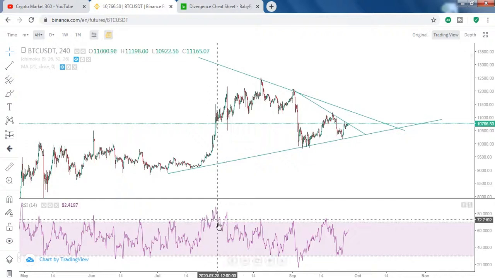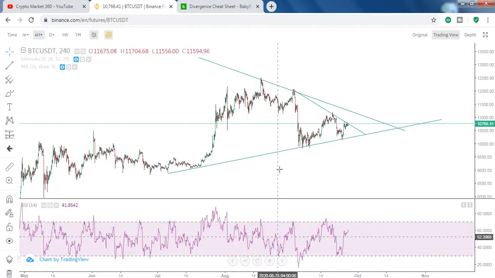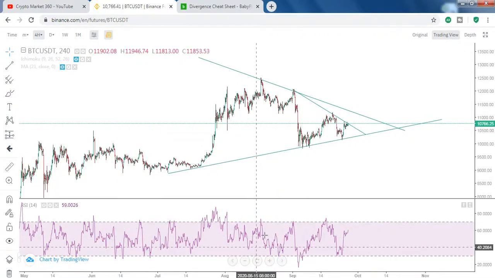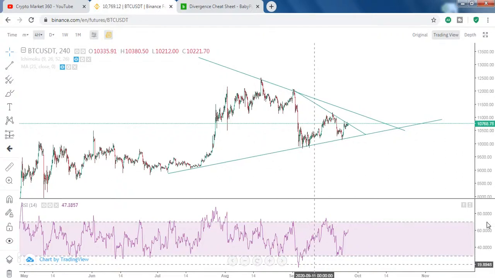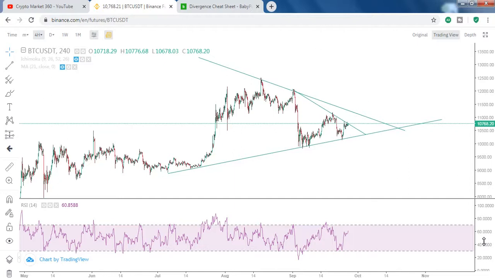When the price moves, this moving average also moves with the price. To understand whether the market is overbought or oversold, we can look at the RSI. When RSI is close to 70, we can say the market is overbought, and when it is close to 30 or below 30, we can call it oversold.